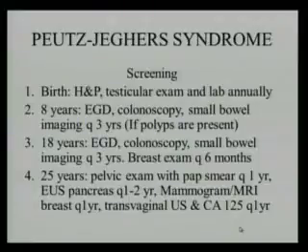And also you start breast examination every 6 months. For the small bowel imaging, we can use CT enterography or video capsule in those patients. At the age of 25, you start pelvic exam and pap smear every year.